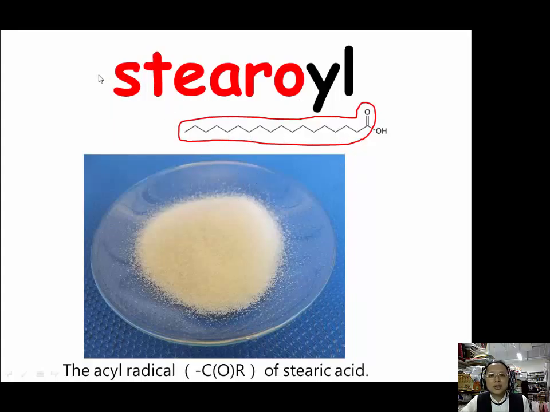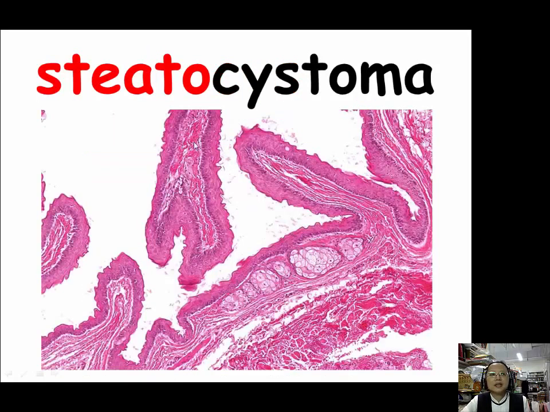This part is the stearoyl part of stearic acid. For steato, our example is steatocystoma. Steatocystoma is a cyst of the sebaceous duct. Like in this picture, this is a biopsy of steatocystoma.